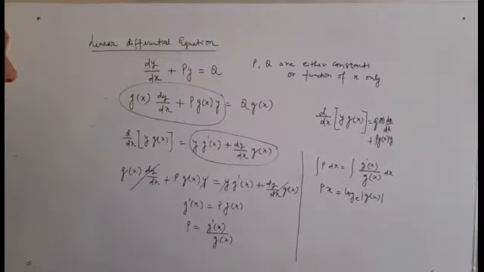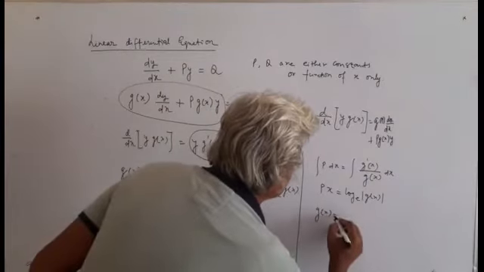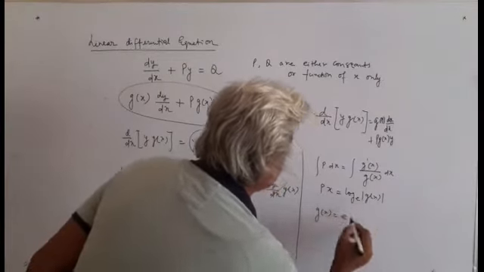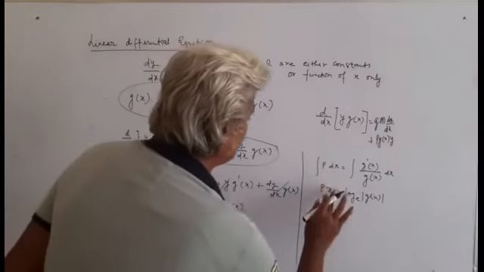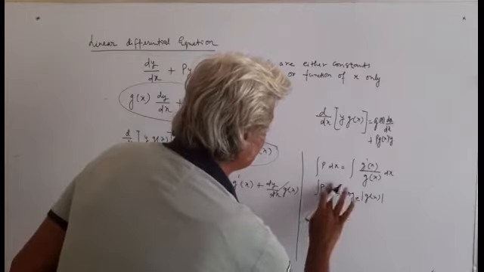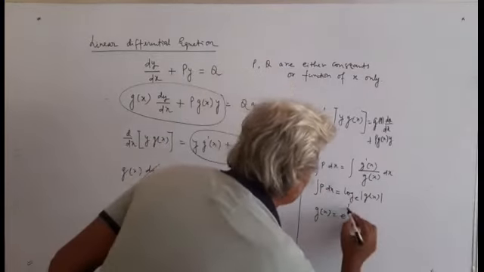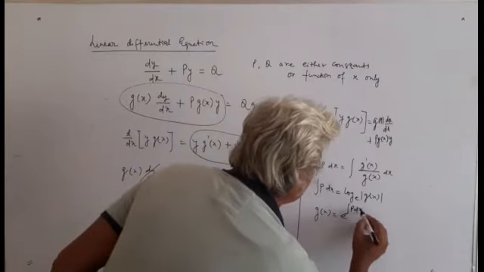Now convert this into the exponential form. Then what is g(x)? g(x) is e to the power integration of P dx, because P we do not know, so we write P dx.